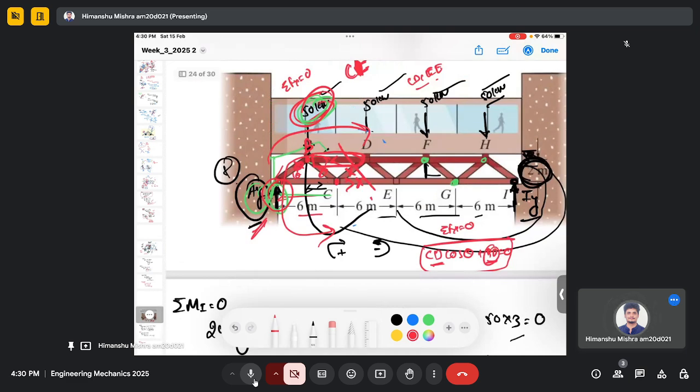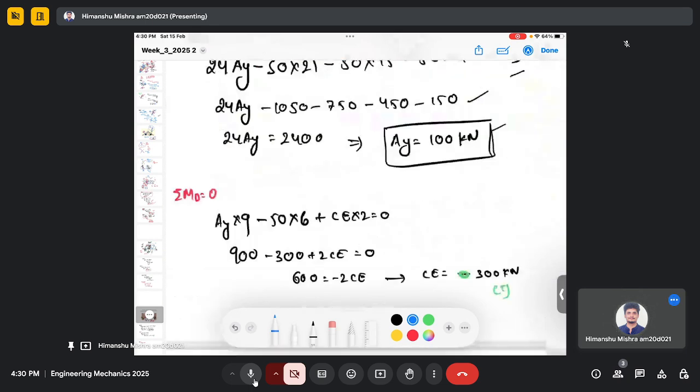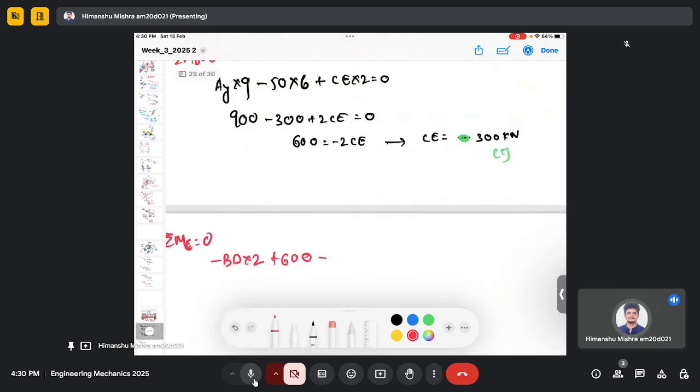And then the 50 kilonewton force is rotating in the anticlockwise manner about point C, and it has a perpendicular distance of 3 meters. So it's minus 50 multiplied by 3 equals 0. So it's 450 minus 2 BD equals 0.